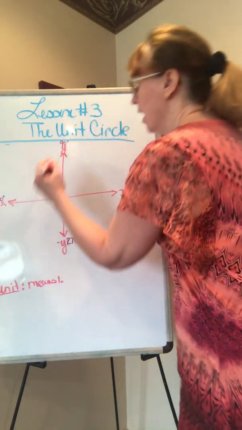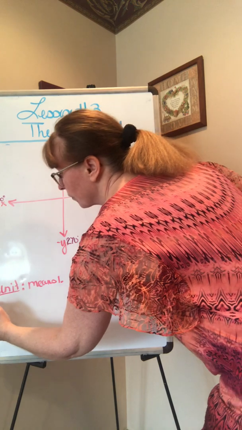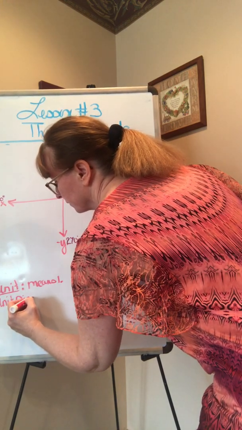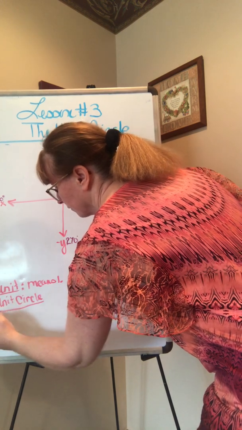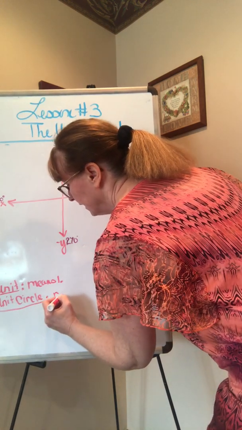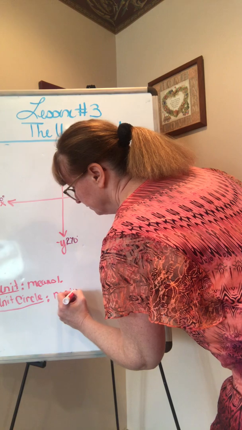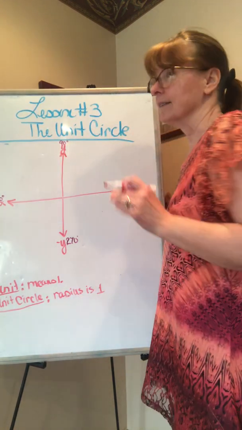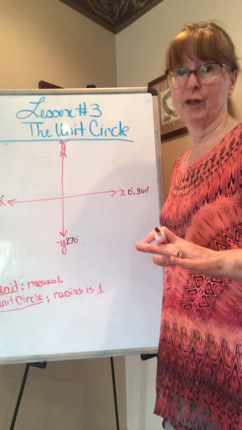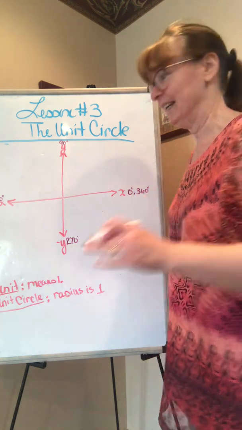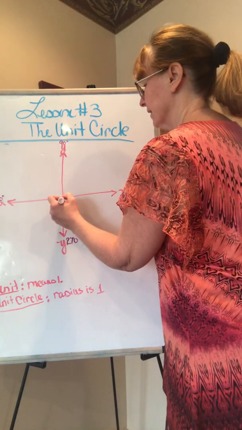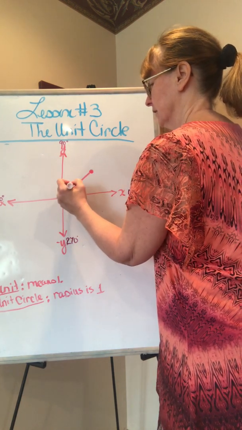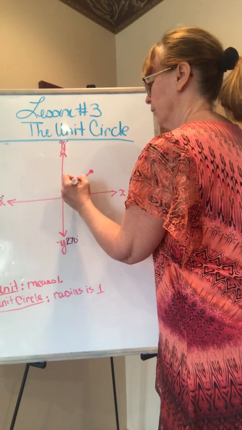So therefore, on the unit circle, my radius is 1. That's not the leg. Now on the special 45-45-90, my leg was 1. But now my radius equals 1.